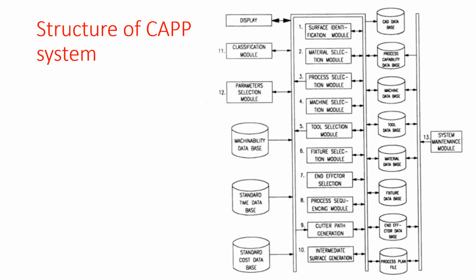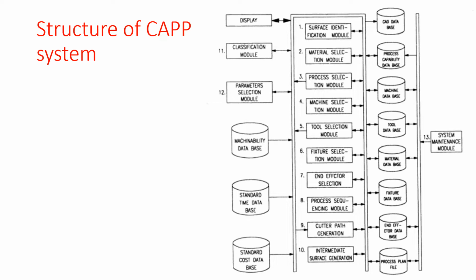The structure of a computer-aided process planning system is represented. It has a total of 13 modules, starting with the surface identification module, material selection module, process selection, machine selection, tool selection, fixture, end effector, process sequence, cutter path generation, intermediate surface generation, classification module, parameter selection module, and system maintenance module.